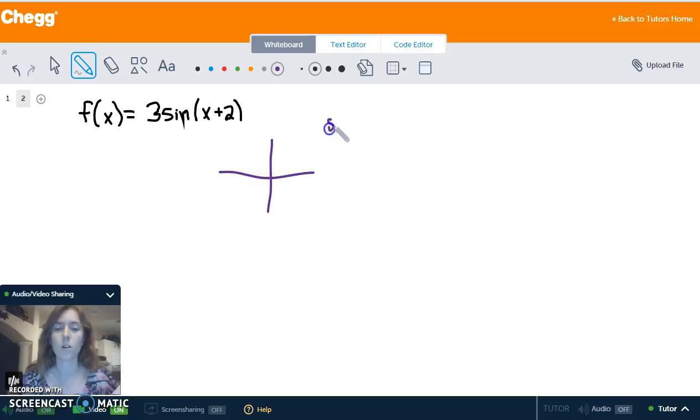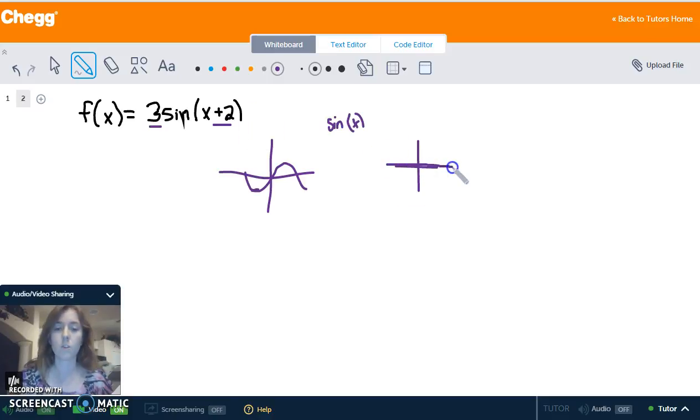Let me just draw sine of x, because we're always going to relate it to this, because we know what this one looks like. Like that. So we're going to take that graph, and we're either going to elongate it by 3 first, or we're going to shift it to the left by 2 first. Either way, you can arrive at the same answer.